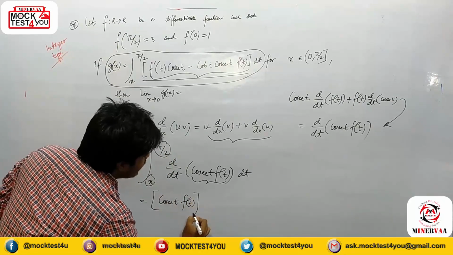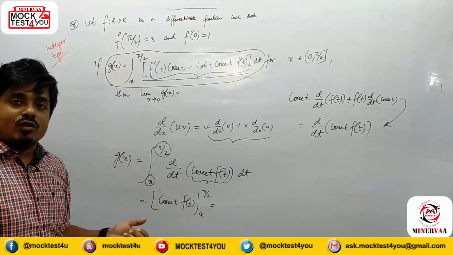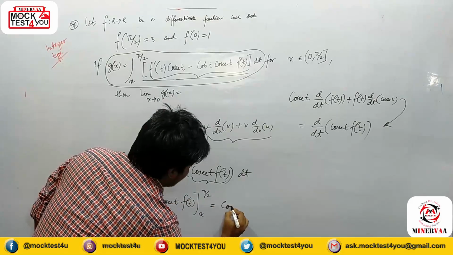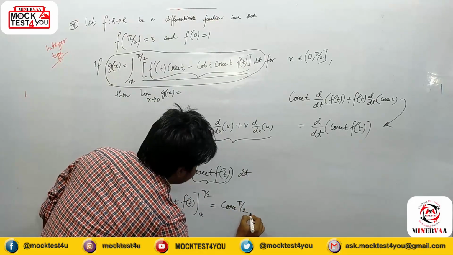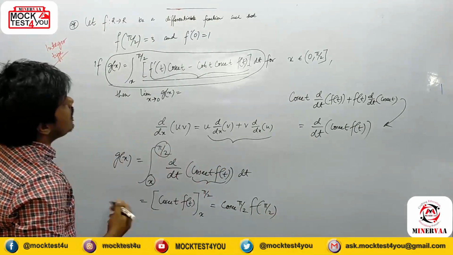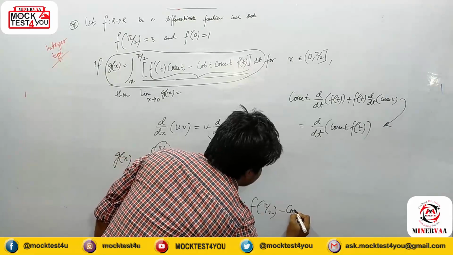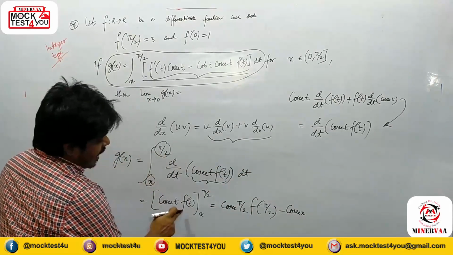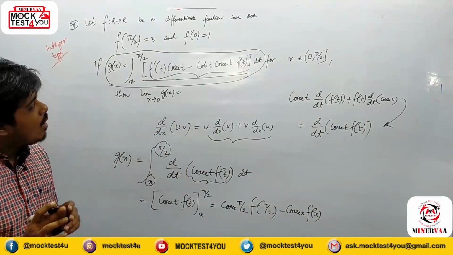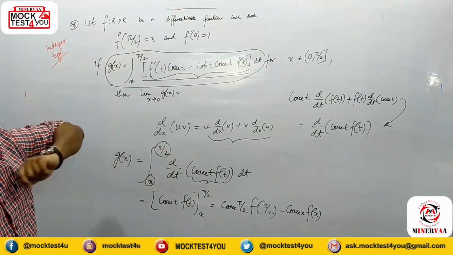So that becomes pi by 2 to x. And we know this in definite integrals. First you put pi by 2 in there. So we have cosec pi by 2 times f of pi by 2. Then put x, so minus cosec x times f of x. Clear? Now I see some values in the question. f of pi by 2 is 3.